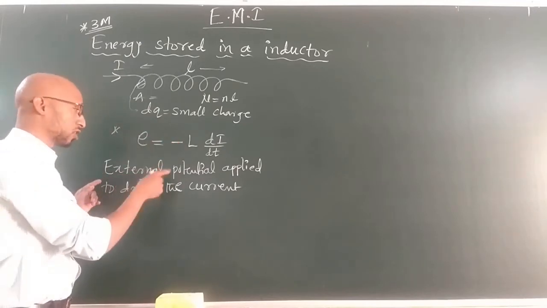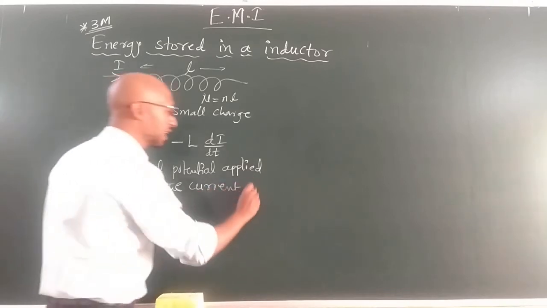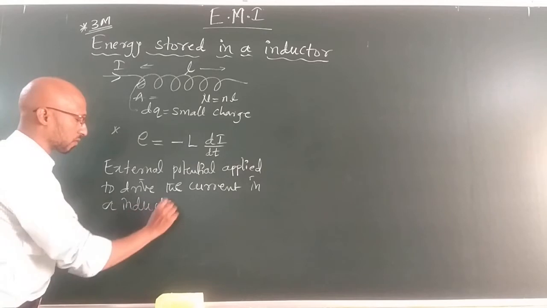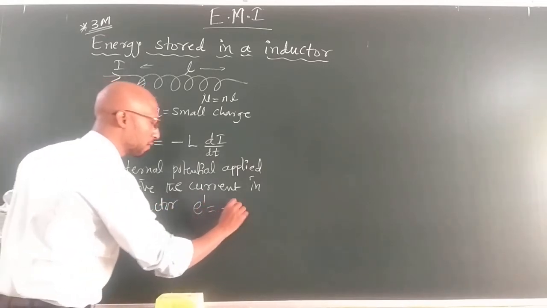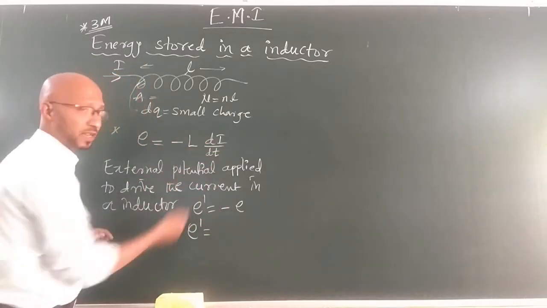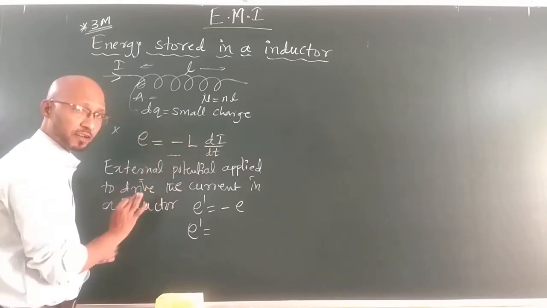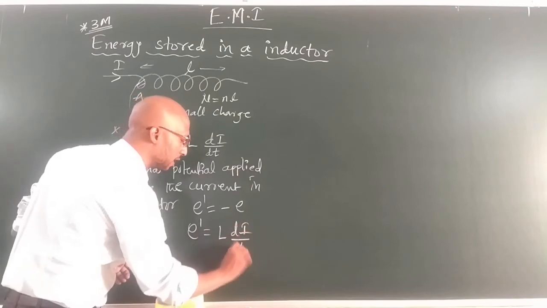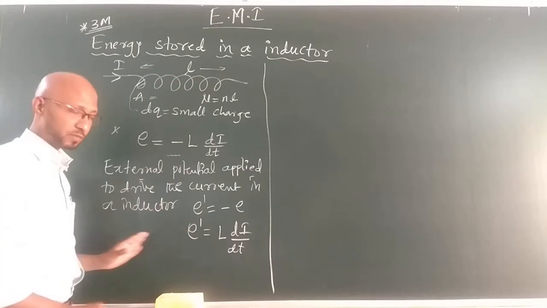So the external potential is applied to drive the current in an inductor. Now that has to be opposite, that is E dash is equal to minus of the induced EMF. Now what will be the external potential equation? Minus of minus, what does it indicate here? The minus literally indicates an opposing factor. So it is L di by dt. I hope that you understand this much now.